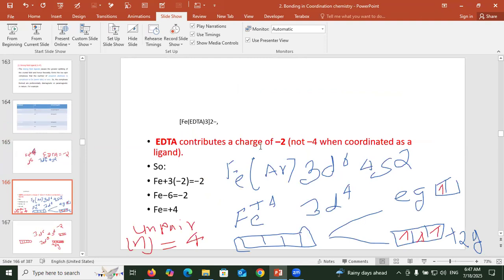EDTA contributes a charge of -2 when coordinated as the ligand. So ferrous, -6, ferrous +4.